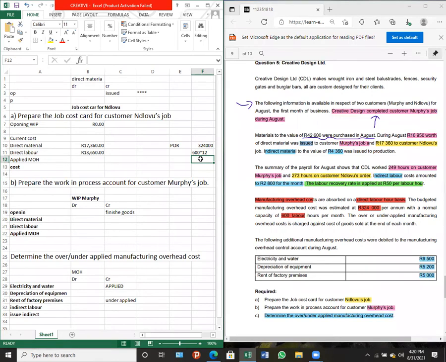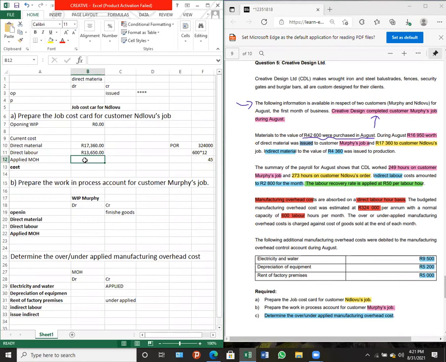Try again and give me the answer. 45. I got 45, my POR, guys. I don't know how much you get. And then, guys, we know the formula to calculate the applied.